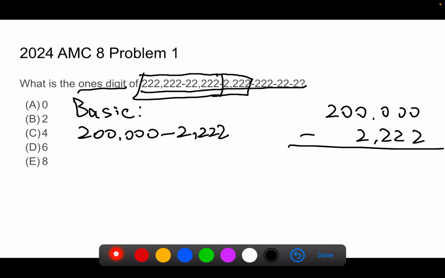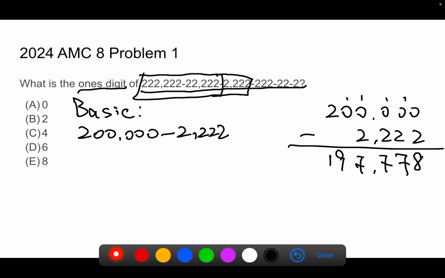So 0 minus 2, you need to borrow a digit, and then it becomes 10 minus 2, it's 8. Now, you need to borrow another digit from the hundredths digit. This becomes 9 minus 2, which is 7. Similarly, for the next digit, the borrowed digit becomes 7, and then 7 again, and finally 20 becomes 19.